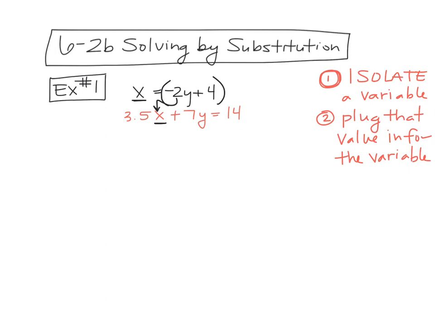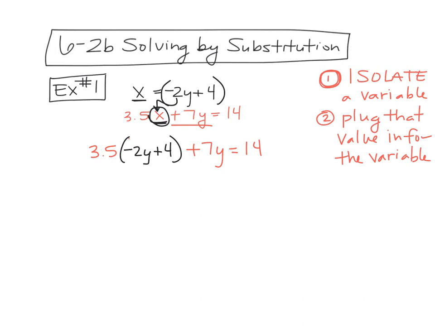So it's going to look like this, 3.5, and then you're going to do negative 2y plus 4, okay? That replaces x. Then you're back to the equation, plus 7y equals 14, okay? Your next step is solve for y.